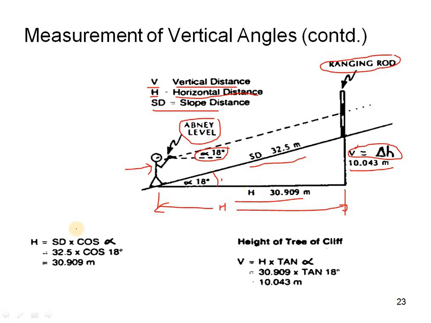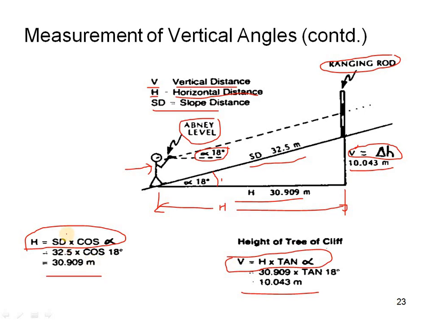H is equal to SD into cos alpha. So before finding H, we have to find SD. You can see at the bottom it is mentioned that V is equal to H into tan alpha. So we have to find H from the slope distance.